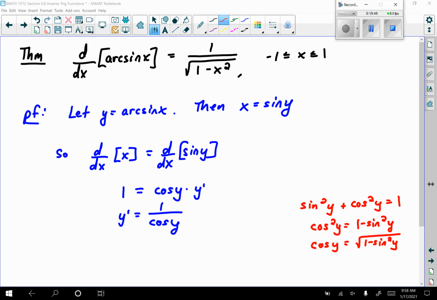So now y prime is going to equal 1 over the square root of 1 minus sine square y.